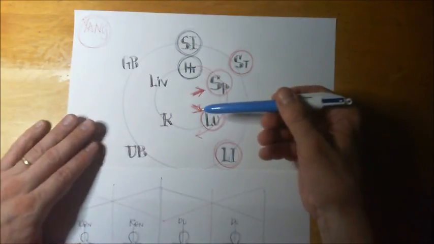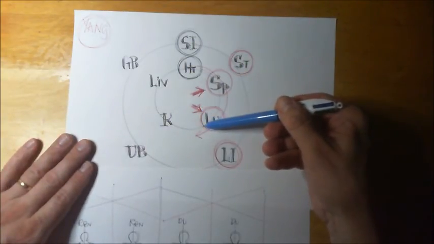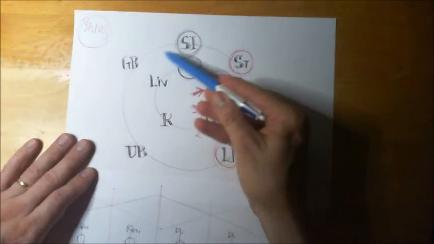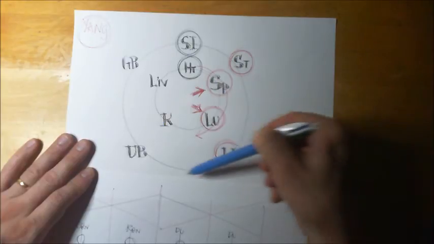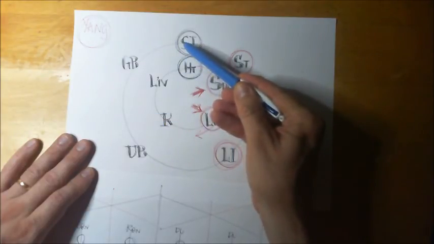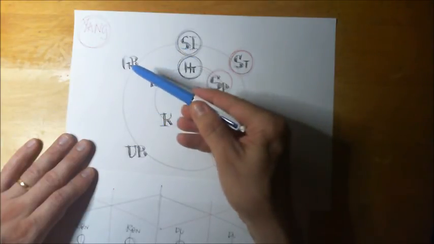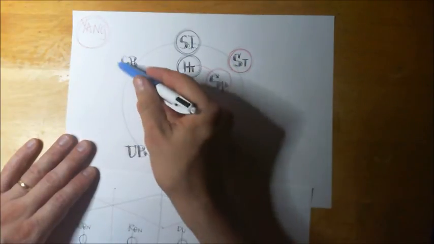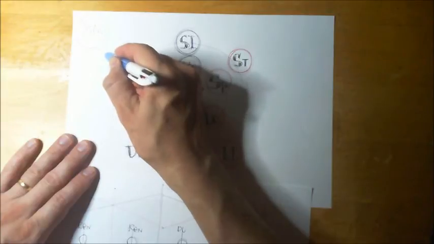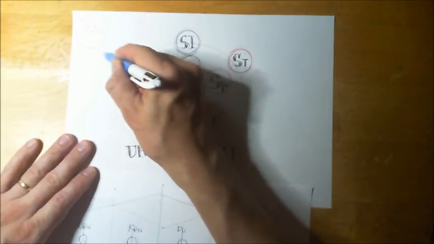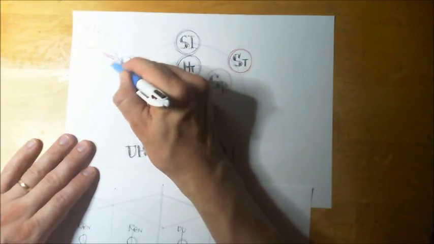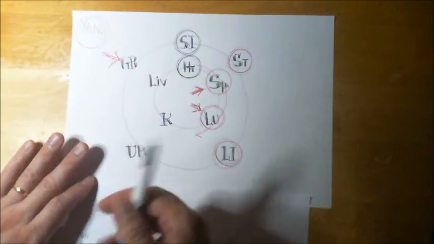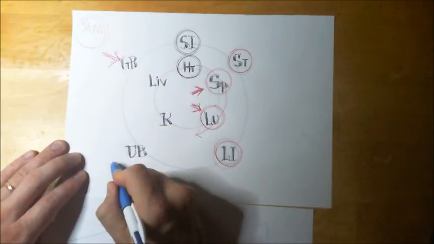In this case, we need to move from the yang excess to yang deficient. So how will we use it? We will use it similarly to the previous case. We will use gallbladder and triple warmer, Sanjiao.